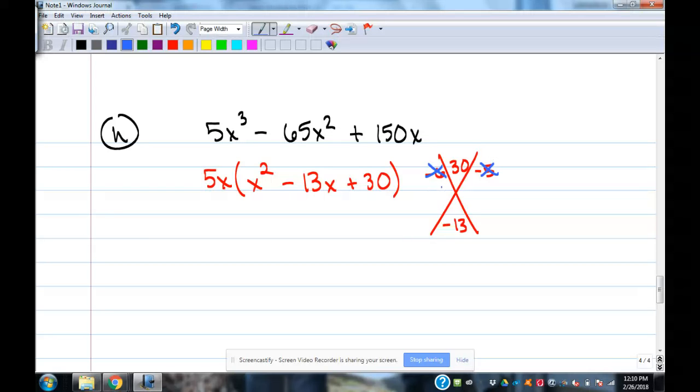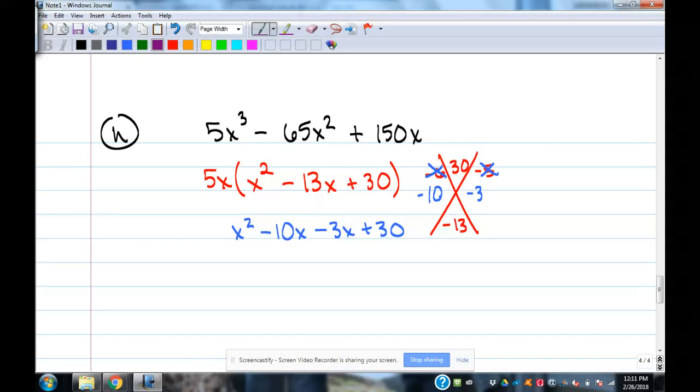Which one or both? Both. A negative 10 times a negative 3 gives positive 30, and negative 10 plus negative 3 is negative 13. So that's the right two. Good job. So I've got x squared minus 10x minus 3x plus 30.